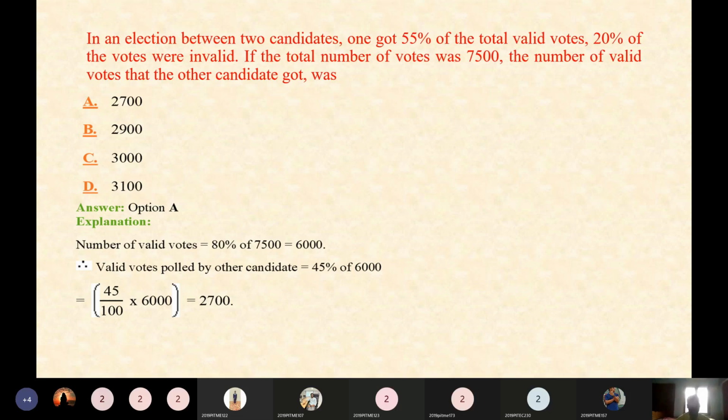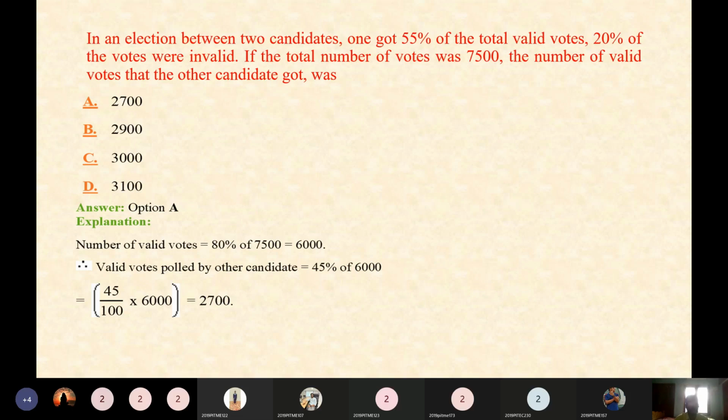So the next problem is almost related to the previous problem. In an election between two candidates, one got 55% of the total valid votes. 20 percent of the votes were invalid.